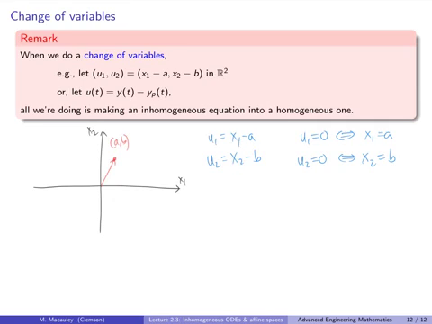Instead of x1 and x2, we're using u1 and u2. And u1 is 0 when x1 is a, so along this vertical line, and then u2 is 0 when x2 equals b, so along this horizontal line. So this is u1 and this is u2. So we are moving the origin. We're moving our axes, so our desired point, a, b, is now the origin.